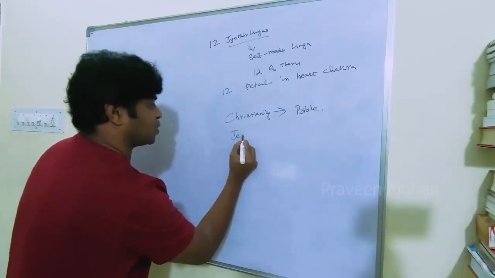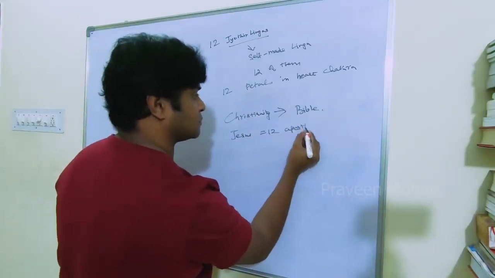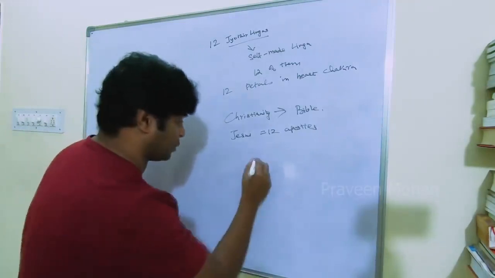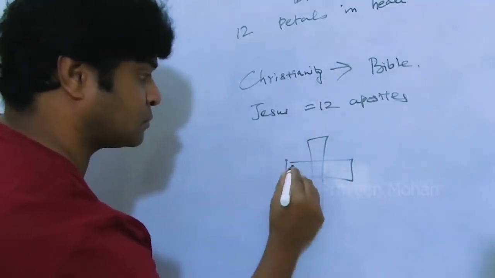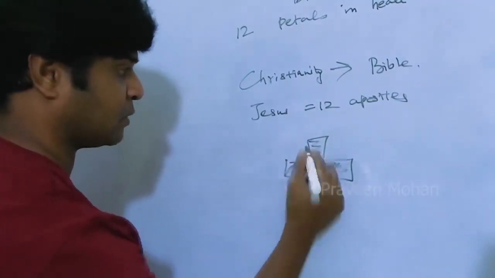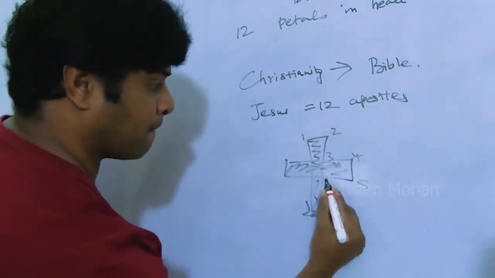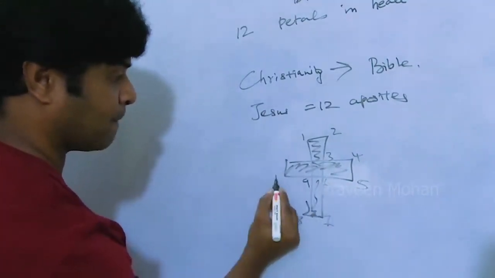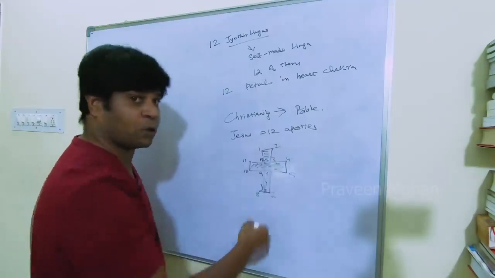Now, Jesus has 12 apostles, right? And most people don't know this, right? If you look at the cross, for example, this has 12 corners. A cross has 12 corners.